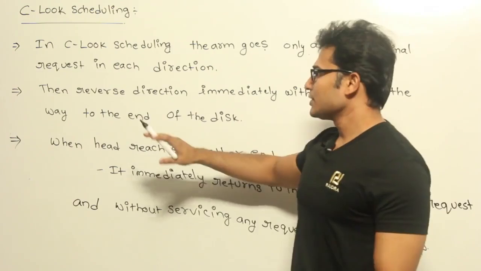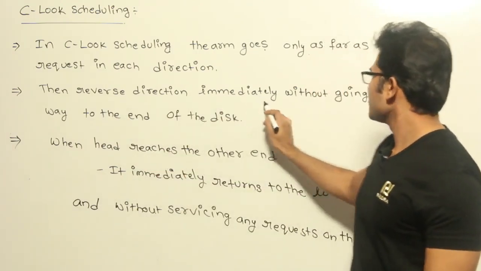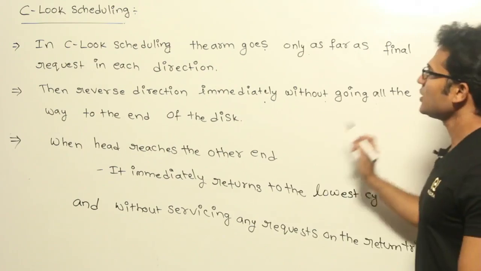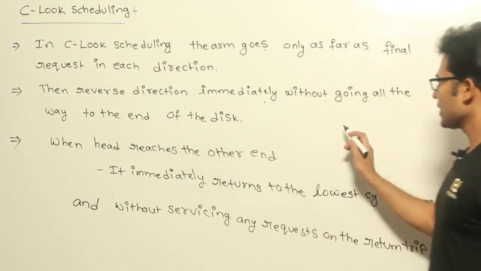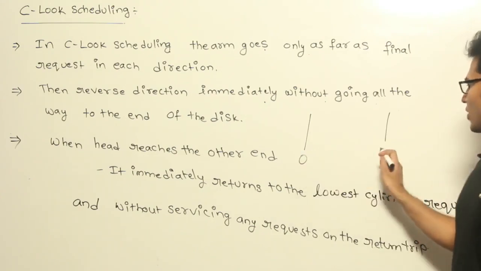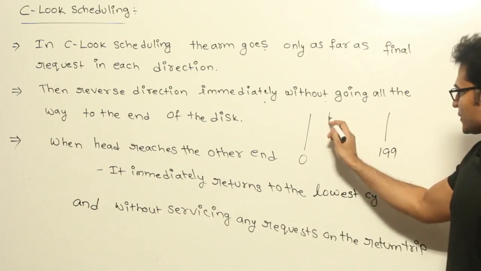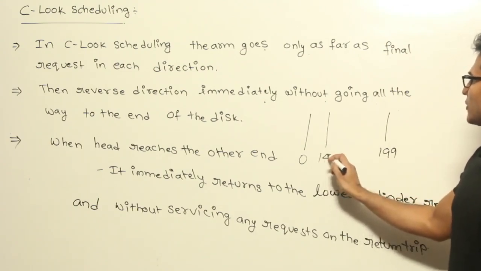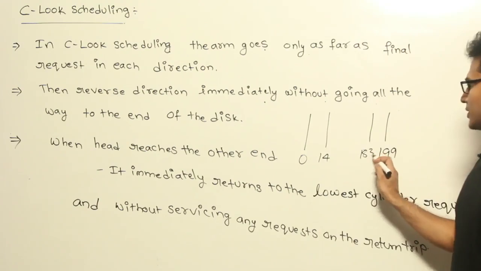Now once it reaches the other end, what happens is, it reverses the direction immediately without going all the way to the end of the disk. So what they are trying to say is, even though the disk is going to have 0 to 199 cylinders, for example, our requests have the smallest number 14 and the biggest number, let us say, 183.